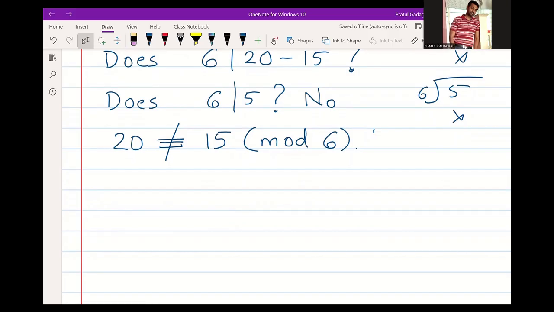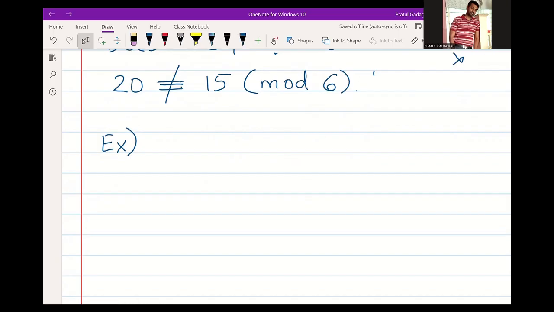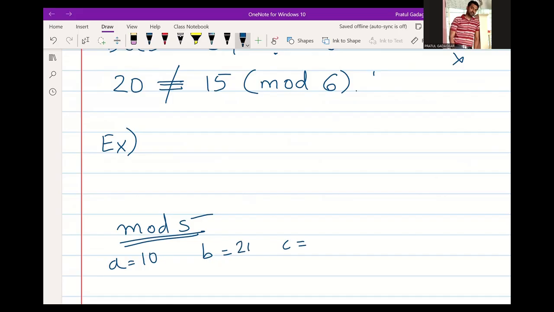Now let us see one small example, which will be like a theoretical example. Suppose I have three numbers, let me take modulo 5. Let me take three numbers A, B, and C: A is 10, B is 20, and C is 30.